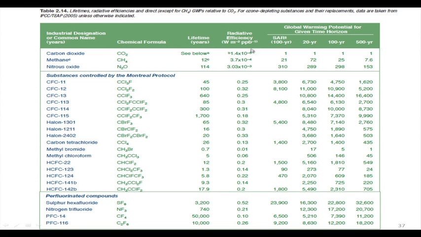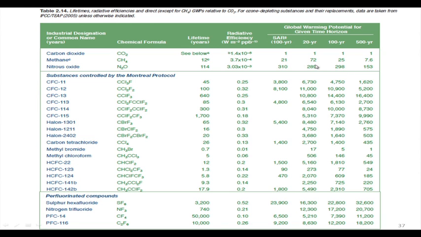Radiative efficiency has been calculated for each one of them, and then we can calculate the global warming potential for different time horizons based on the model that has been developed, and you can see different global warming potentials showing up. CO2, of course, is all 1. Methane, for 100 years, is 25 times, and for 100 years nitrous oxide is 298 times.